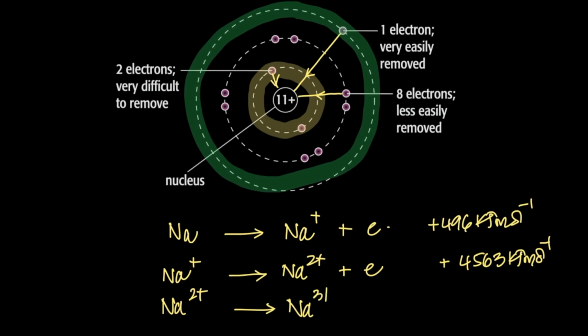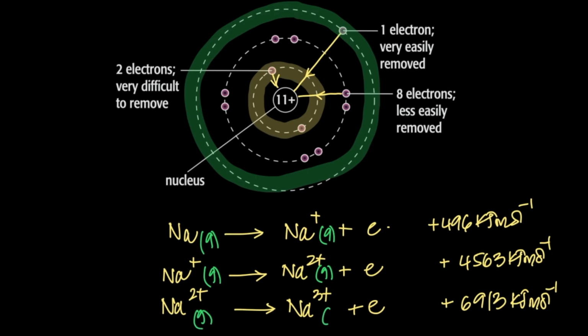Now all of these are gaseous ions, and like we were discussing in the previous videos, successive ionization energies are always going to be greater, even if they are in the same shell, because every time you remove one electron, the remaining electrons are fewer, their repulsions are less, so the net attraction by the nucleus is going to be more. All of these are gaseous ions.